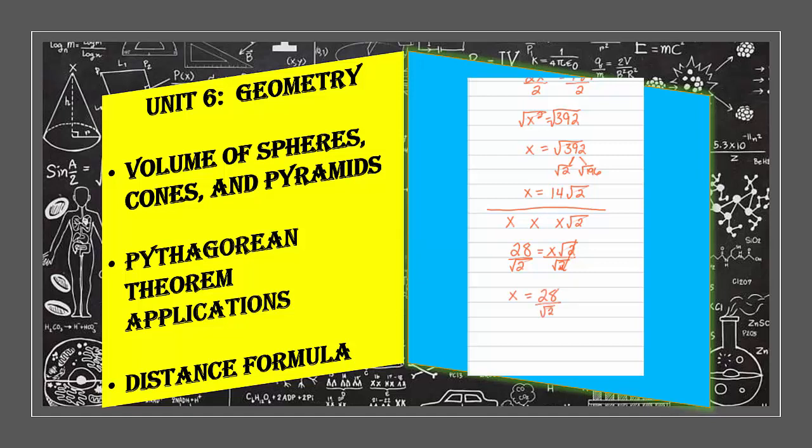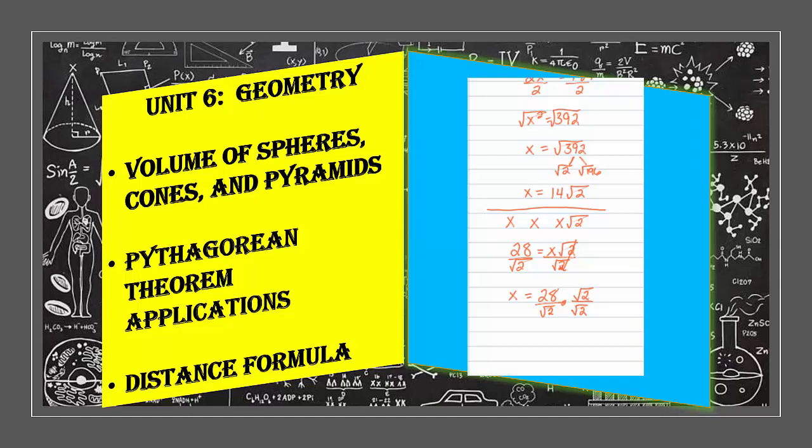Now we talked about in class that you cannot have a radical in the denominator. In order to get rid of the radical in the denominator, we multiply by a fraction that has that same value in the denominator, so that when I multiply root 2 times root 2, I clear out the radical. This is similar to our concept of clearing fractions that we looked at earlier this year.